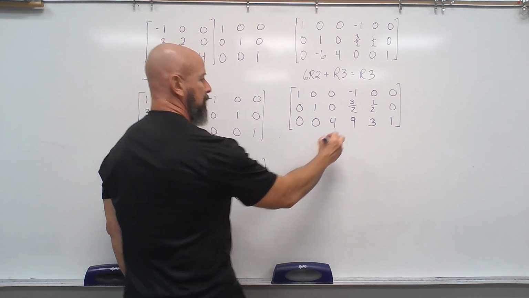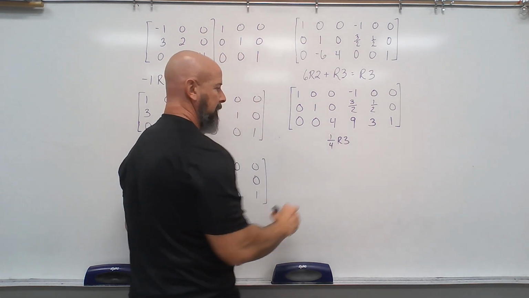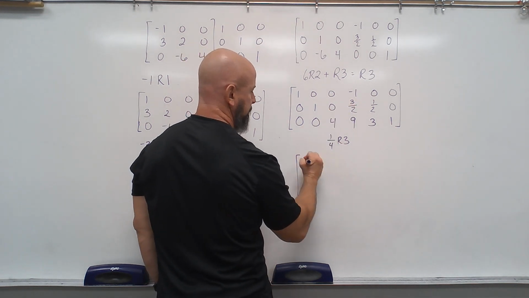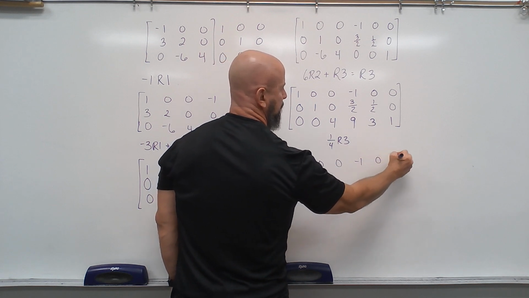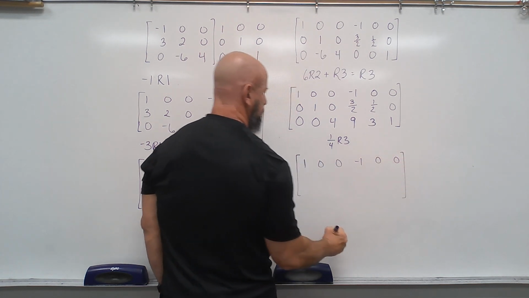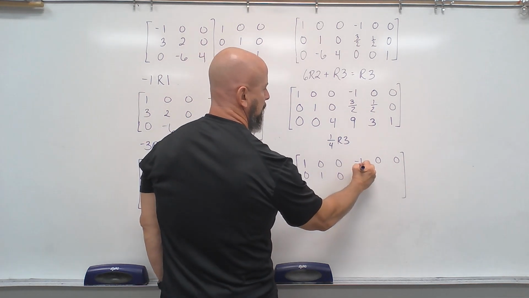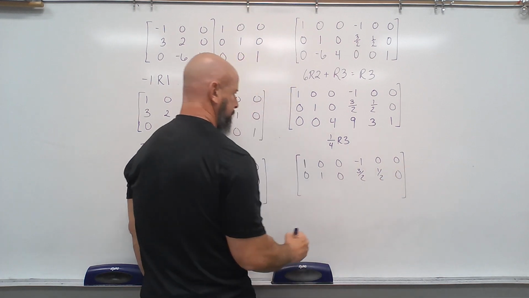Or I can just do 1/4 row 3. So I'm going to rewrite my first 2 rows anyway. 1, 0, 0. Negative 1, 0, 0. 0, 1, 0. 3 halves, 1 half, 0.